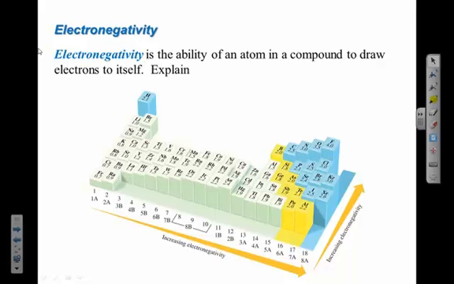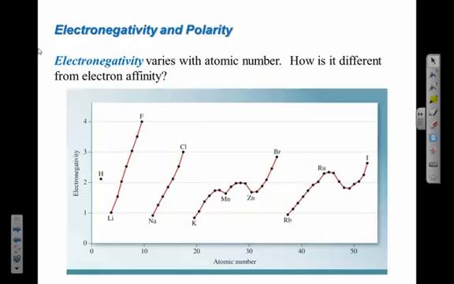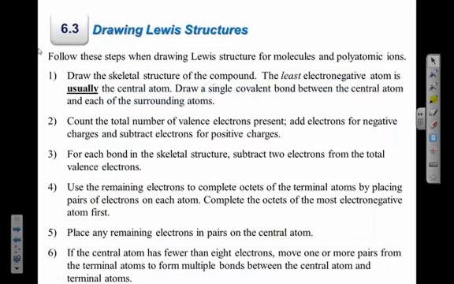And then I get an ionic bond rather than a covalent bond. So this is just showing another way to represent that trend. That's the same reasons that explain the trend for electron affinity can also be used to explain the trend for electronegativity.